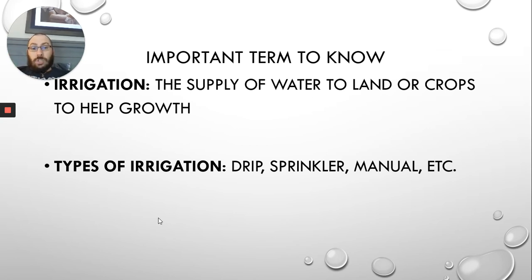And manual is physically adding the water, taking the water to the crops, and sprinkling using your hose in your yard. Another one is ditch irrigation, where you take irrigation canals and divert the water and just flood the whole entire area.